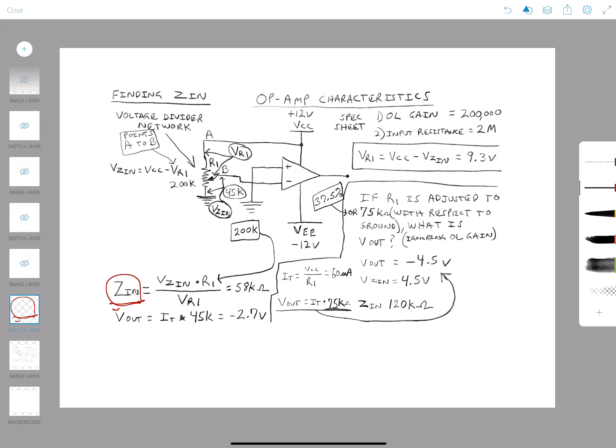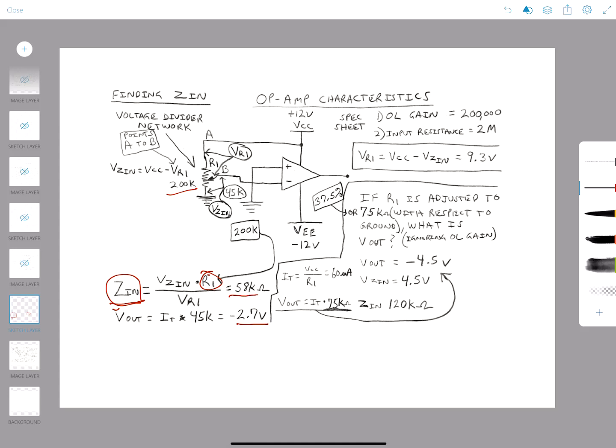In this case, our first example for VZN was just the 2.7 volts. We would multiply that times R1, which in this case is the entire 200K, and then we would divide that by what voltage we had on VR1, which was up here, which was the 9.3 volts.